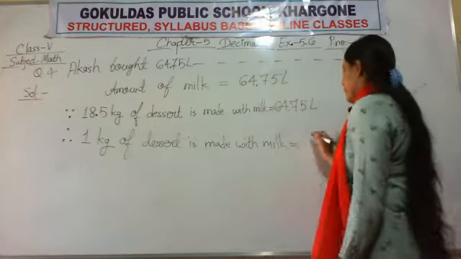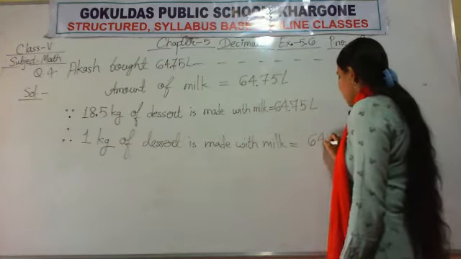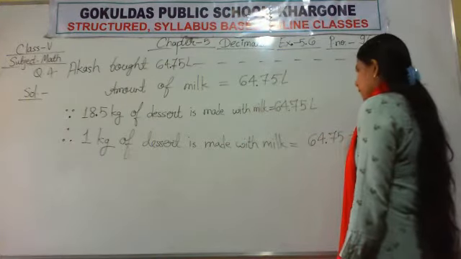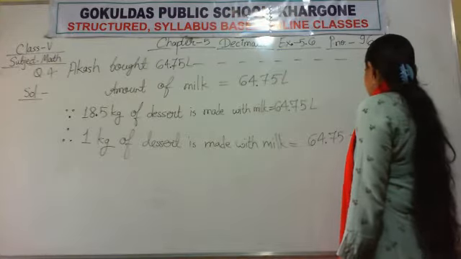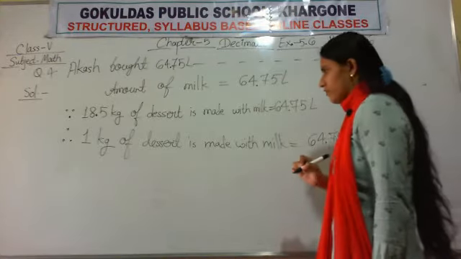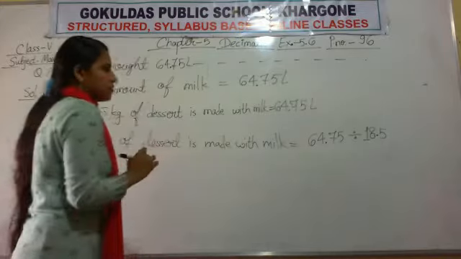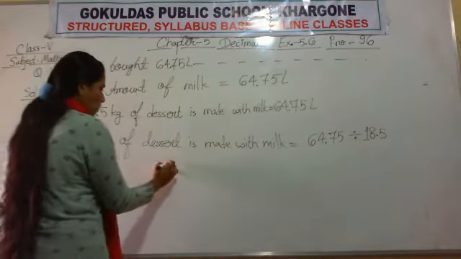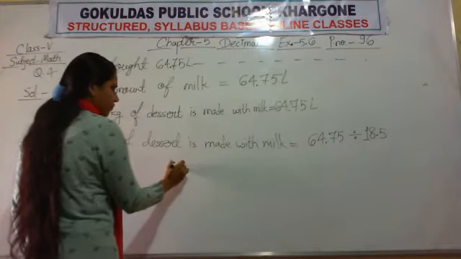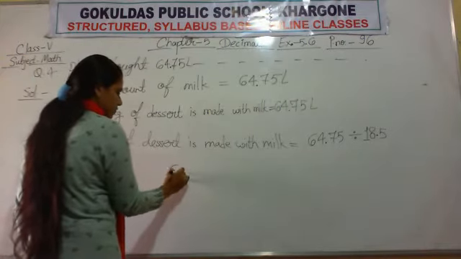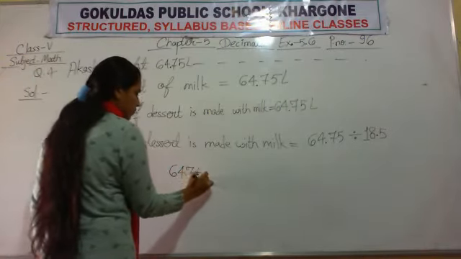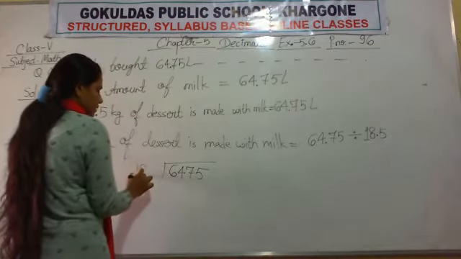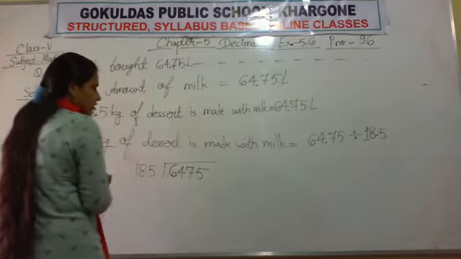So the division operation we will apply here: 64.75 divided by 18.5. Let us arrange both the numbers in division form.